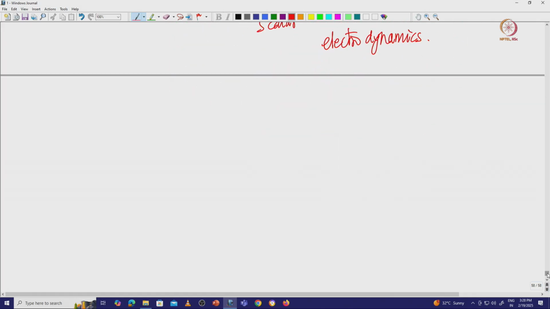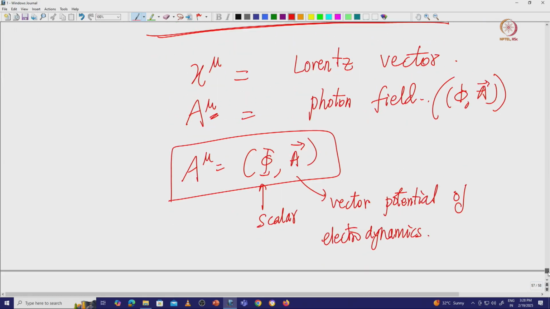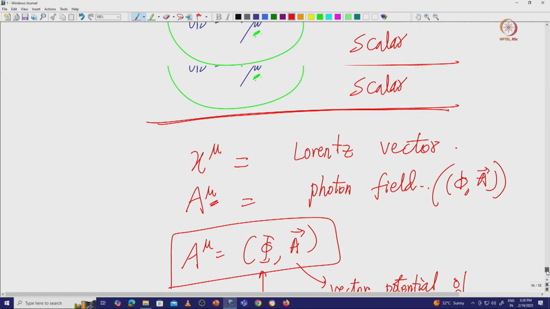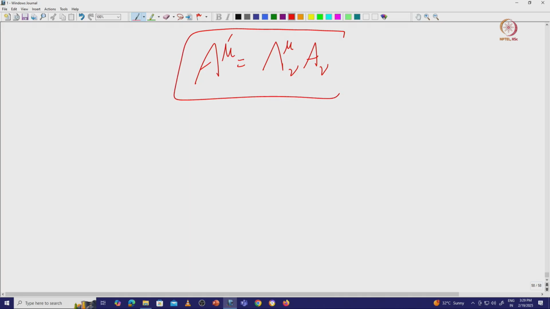A tensor contains 2 indices. Now, before going to tensors, A mu transforms under Lorentz transformations. How does it transform? A mu prime transforms in this particular fashion. So, all the vectors transform in the same form under Lorentz transformations.